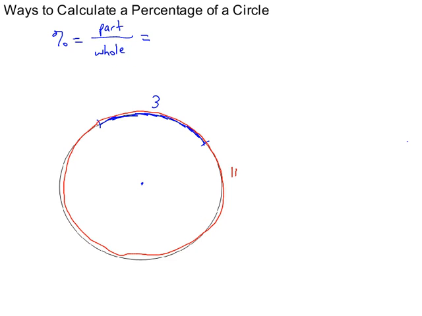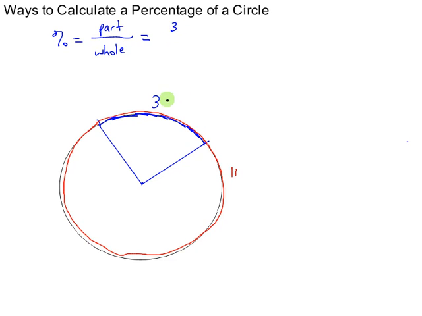Well, in this case, if you were to draw to the center, you can see that this region here is a part of the circle, a percentage of the circle, and the way you can figure that out is take how much arc length you have divided by the total arc length. So in this case, you would take 3.